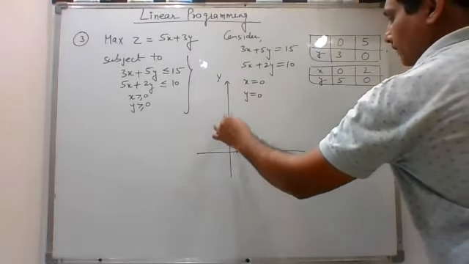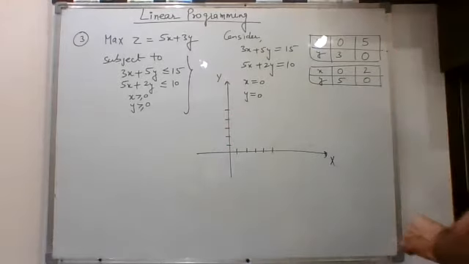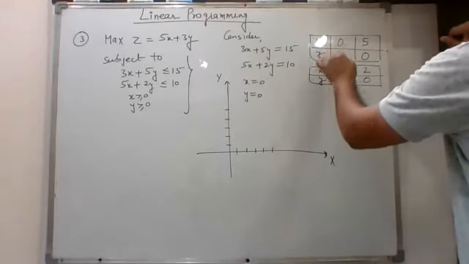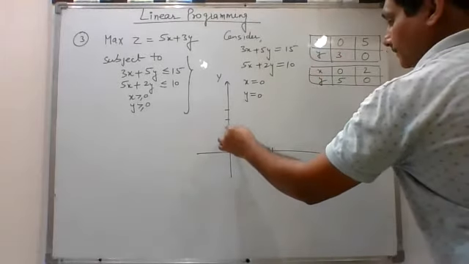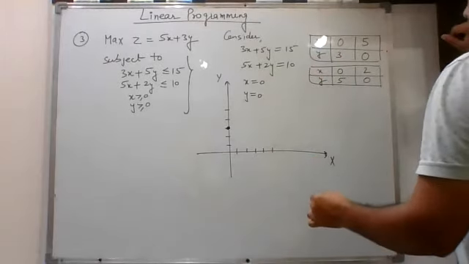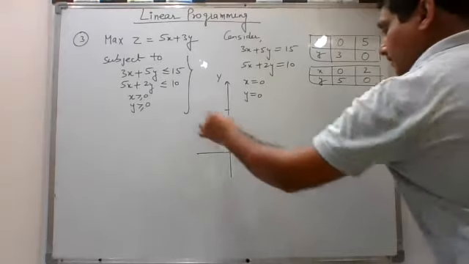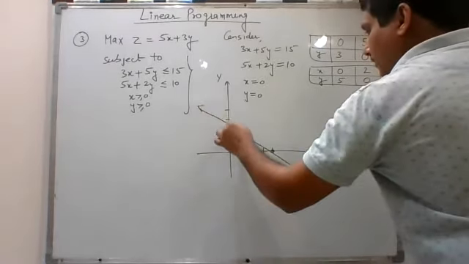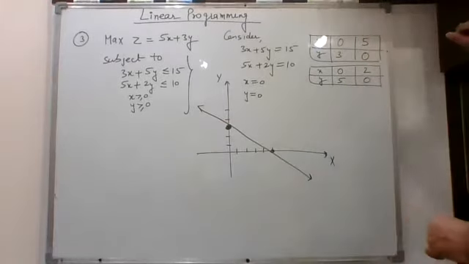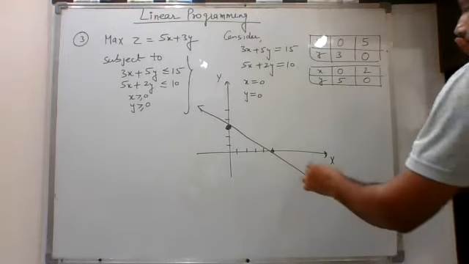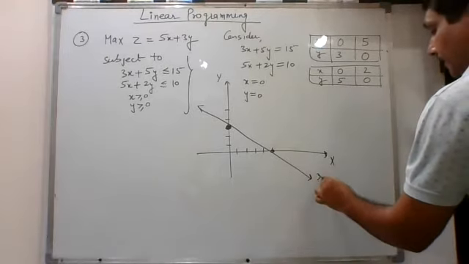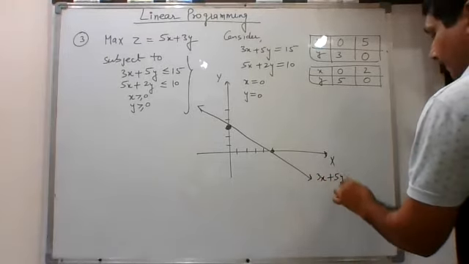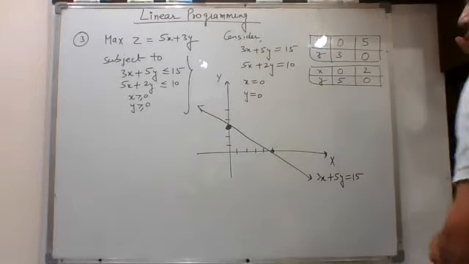So now we'll plot these two lines individually. This is x equal to 0 and y is 3. This is your 0, 3. Then 5, 0 is over here. Just draw this line. You have to draw this on graph paper with the help of pencil and scale. Here you will write the equation as 3x plus 5y is equal to 15.